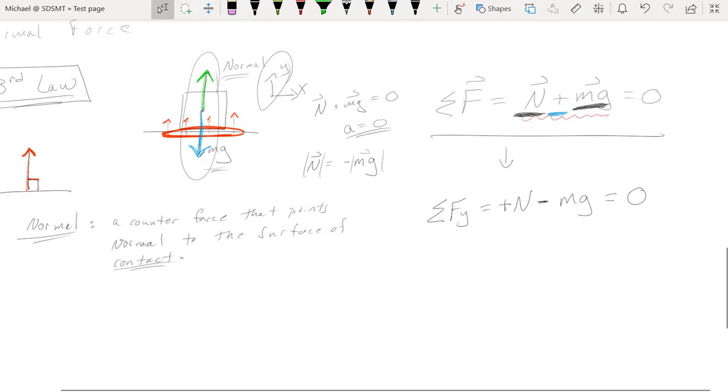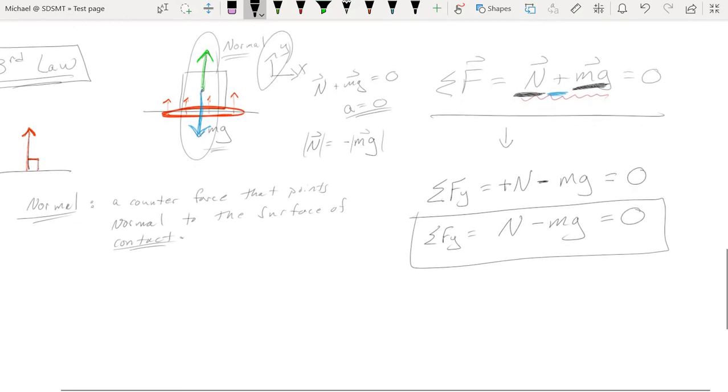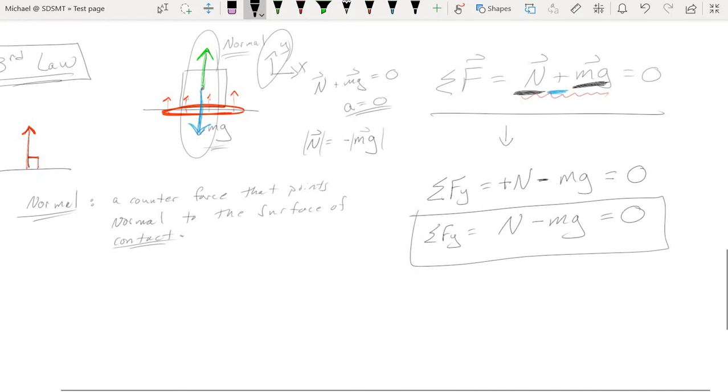And now, by writing things out like this, a lot of people have a much easier time visualizing both what is happening in the diagram and in the mathematics. And what this particular expression tells us, we've gone from vector notation to one-dimensional component form.